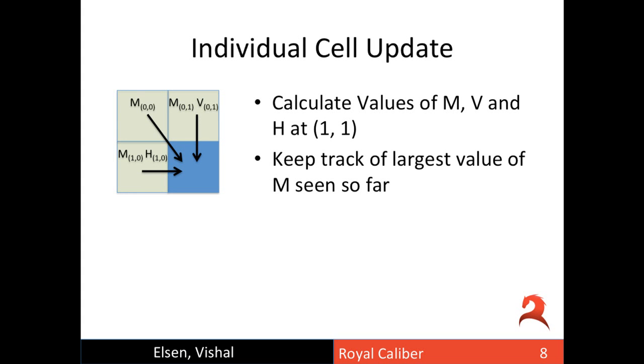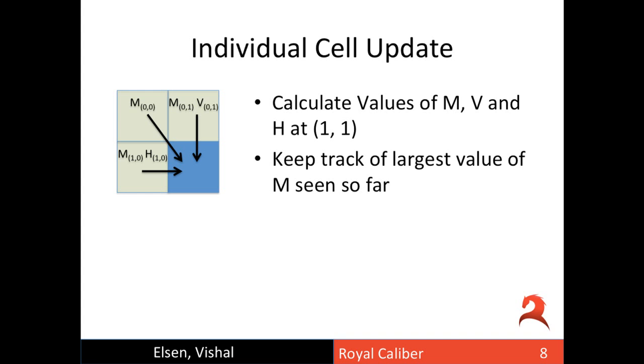Okay, so let's just look at what happens when we're doing one cell update. We want to update the cell that's in blue, and to do that we need these 3 cells that are in green. There are 3 matrices, M, V, and H, that get updated at each cell. To update M, V, and H at this cell, we need M from the 3 surrounding cells, but we only need V above, and we only need H to the left.